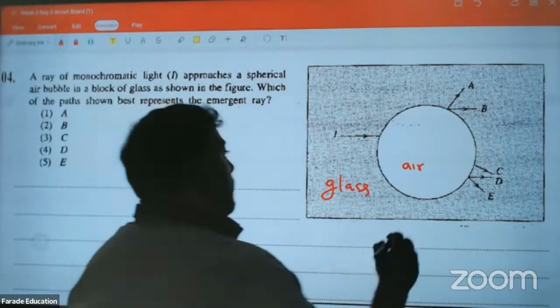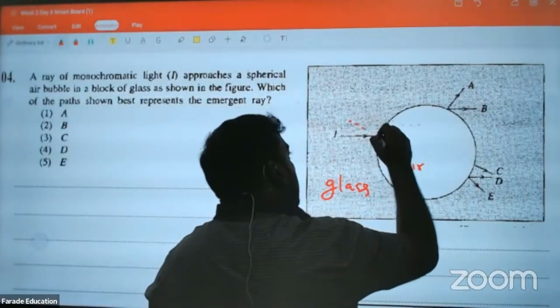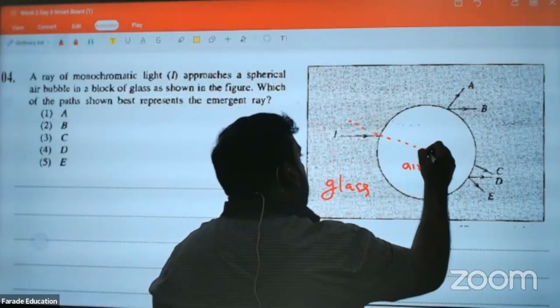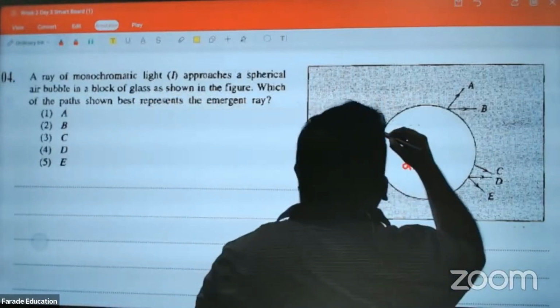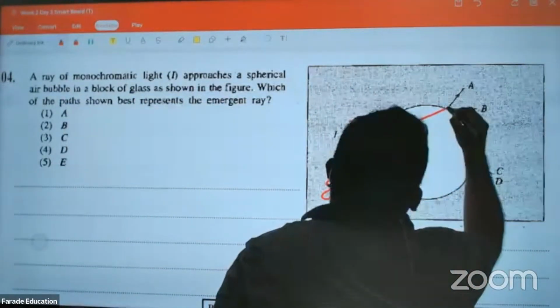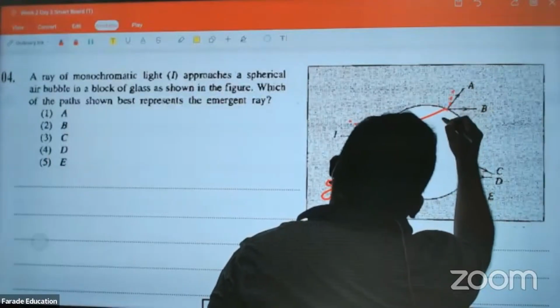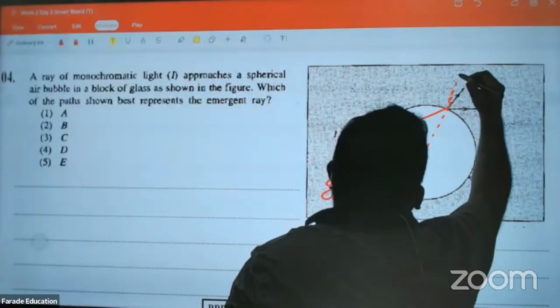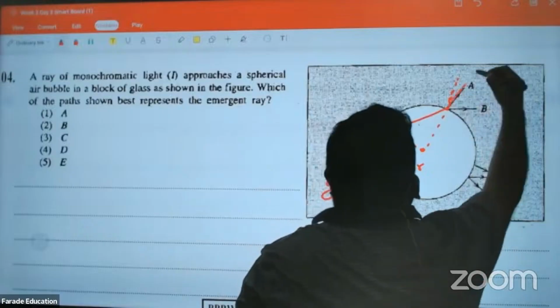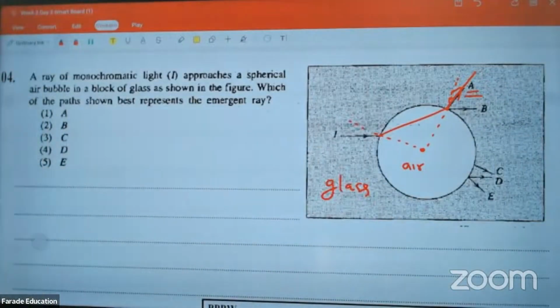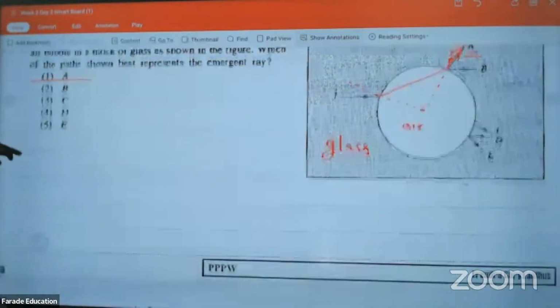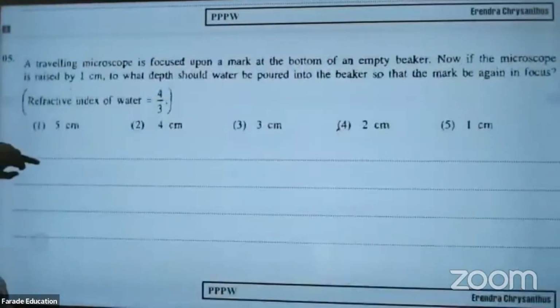So if you draw a normal, the normal should go to the center, right? Denser to rarer, away from the normal. Rarer to denser, towards the normal. So A is your diagram. Correct answer is answer A. This is very simple. You can quickly move on.